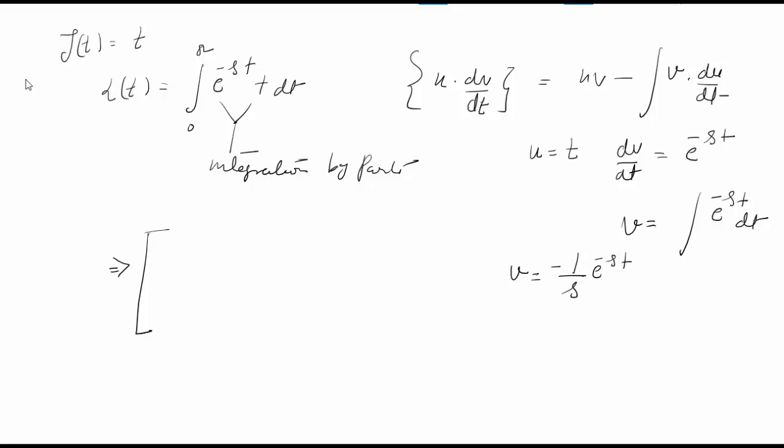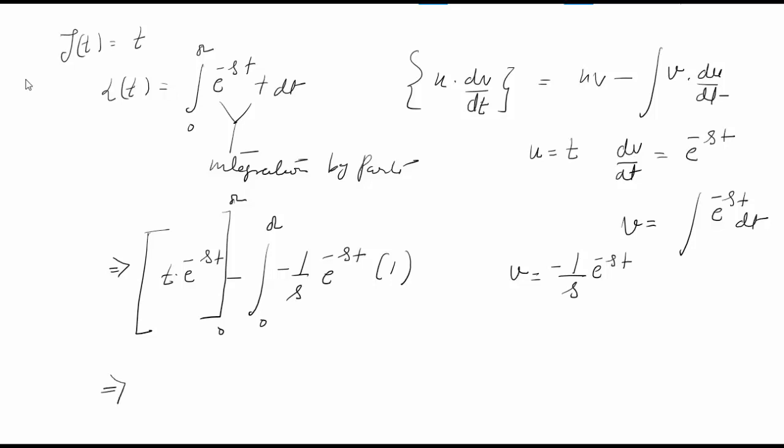So uv is t into e raised to minus st, minus the integral from 0 to infinity of v, which is minus 1 upon s into e raised to minus st, into the differentiation of u, which is 1, since the differentiation of t is 1.